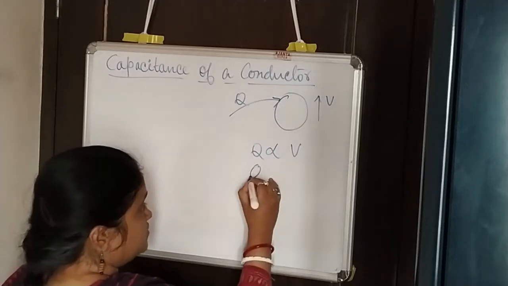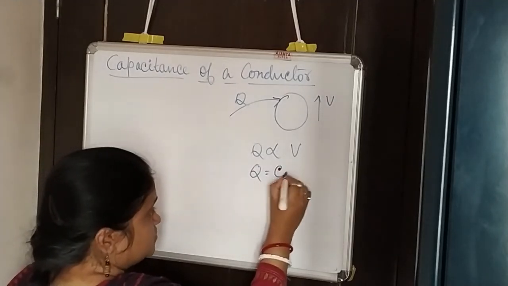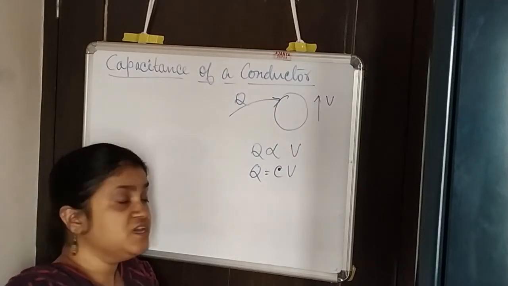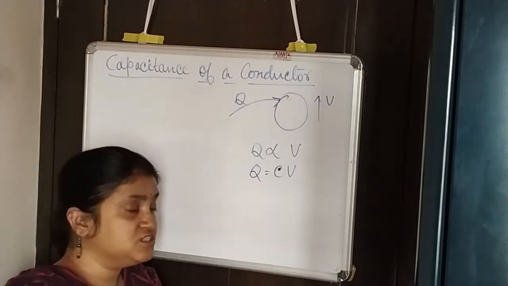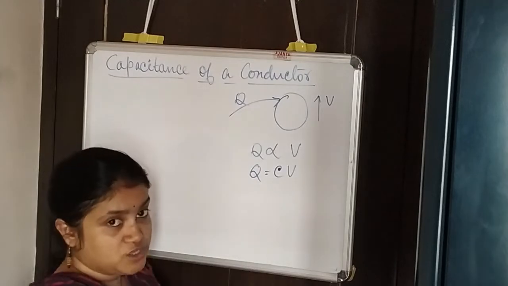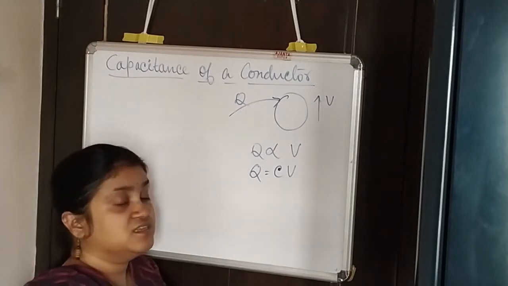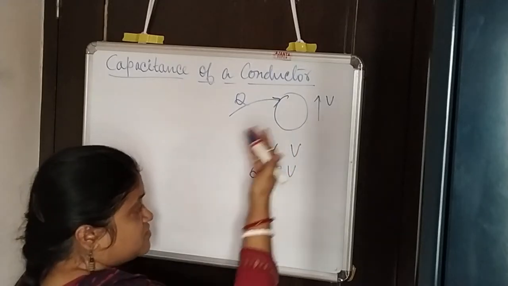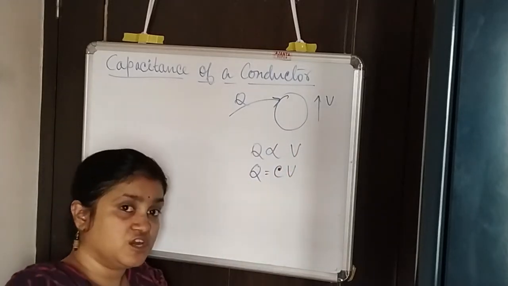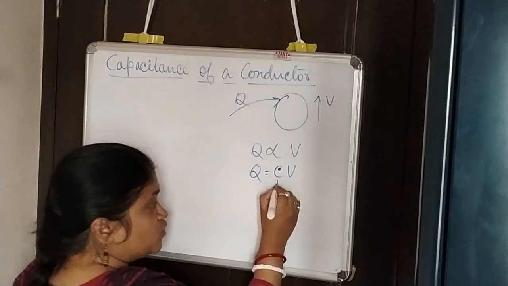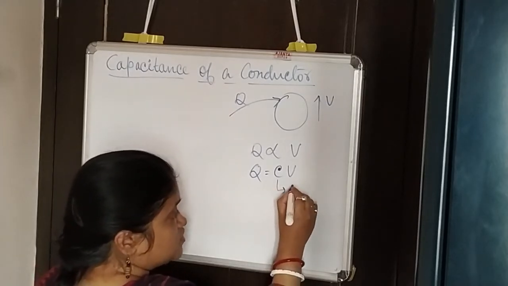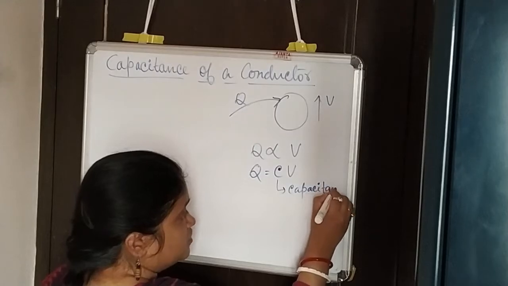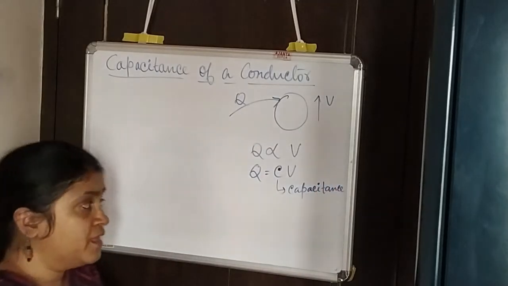So you can write from this equation Q equal to CV, where Q is the given charge, C is the proportionality constant, and V is the increment or the raise of the potential difference while you have given a charge Q. This quantity C is also called the capacitance of the conductor.